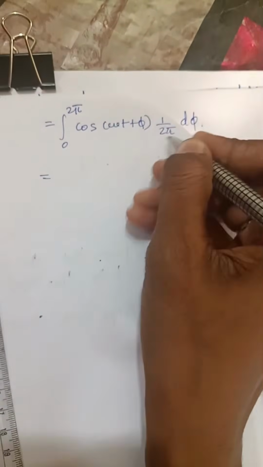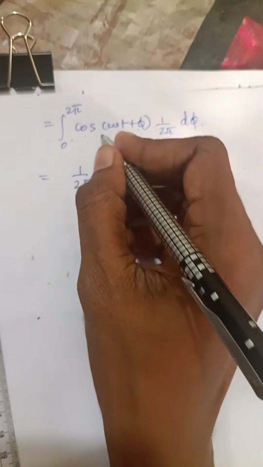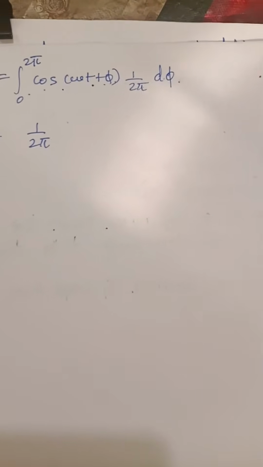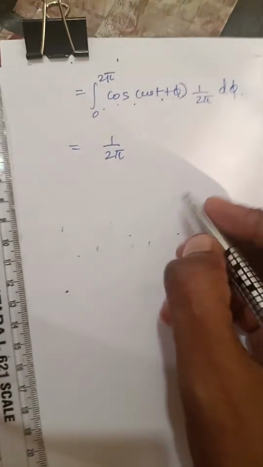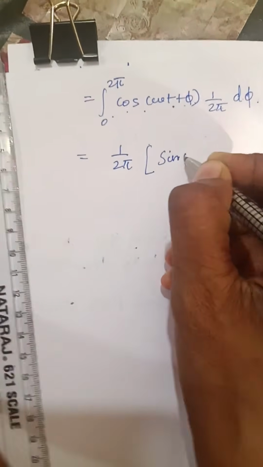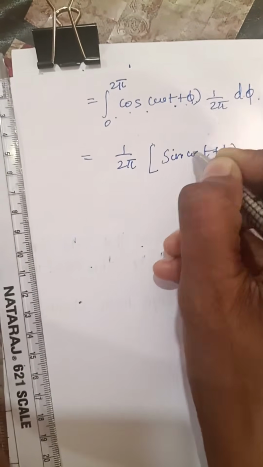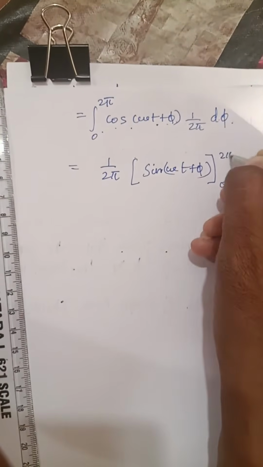Let us take 1 by 2 pi outside. So 1 by 2 pi, and what is the integral of cos(omega t plus phi)? It is sin(omega t plus phi), right? Integral of cos is sin. So this will become 1 by 2 pi sin(omega t plus phi) over the limit 0 to 2 pi.